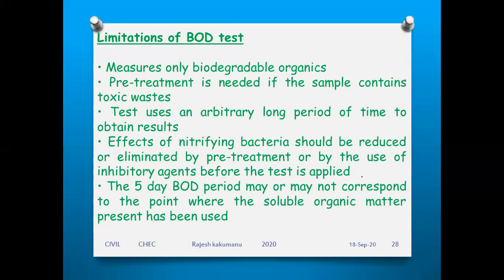It may come in Part A or Part B. In Part A it may be: state COD and BOD test. In Part B: explain the features of BOD with advantages and limitations, or explain COD and BOD analysis with an example. So like this you can get a question.